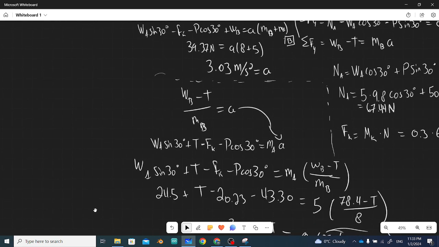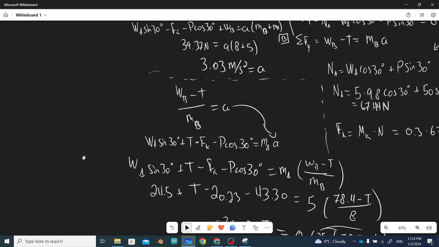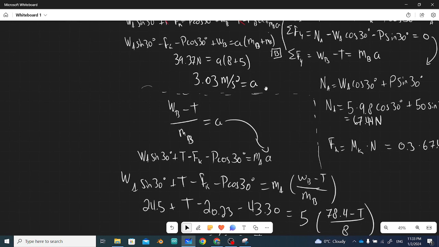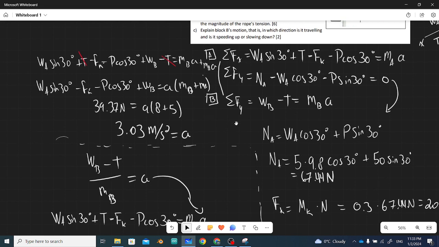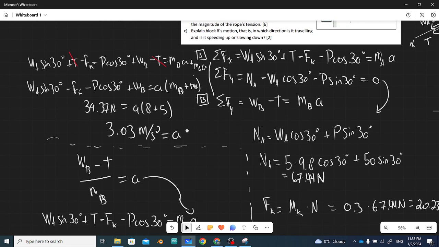Now I just realized we calculated tension in this one, but we've got to calculate tension in the other one. We found acceleration to be 3.03, so we can actually plug it back into any equation now that we have acceleration. So let's see, if we plug 3.03 into here, let's see what tension it gives us. So weight of B is 9.8 times 8, and then that would be 8 times 3.03, and so that minus that.